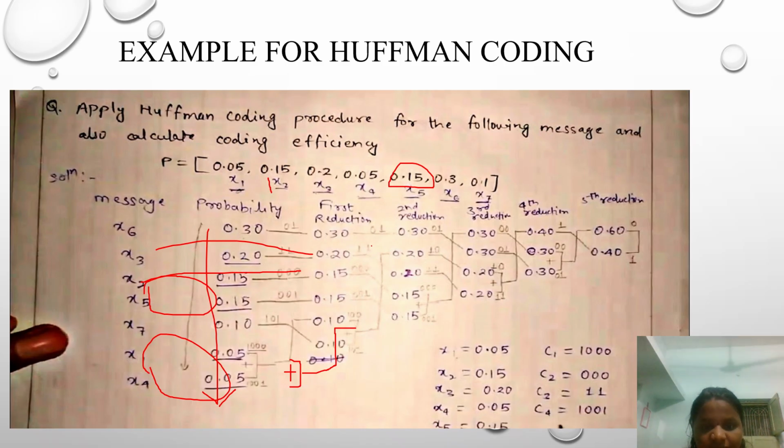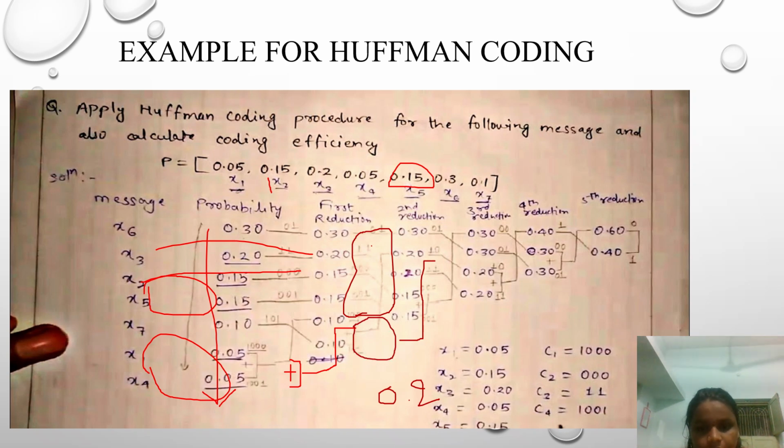By comparing with the other ones, this sum 0.2 is greater than 0.15 and 0.15, so we are writing this sum higher up by comparing these frequencies.